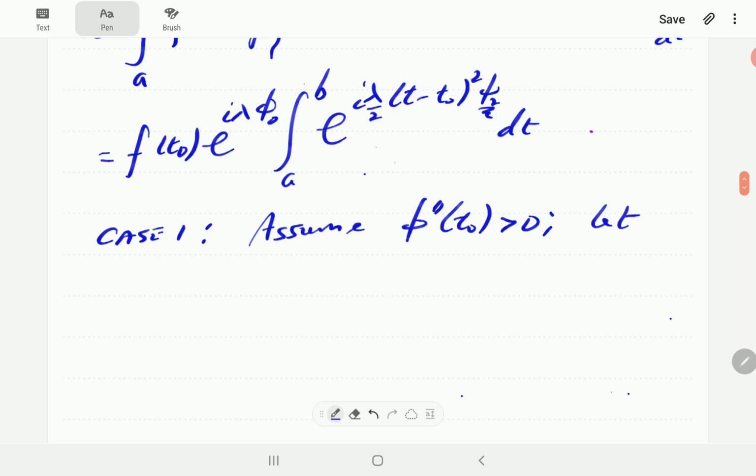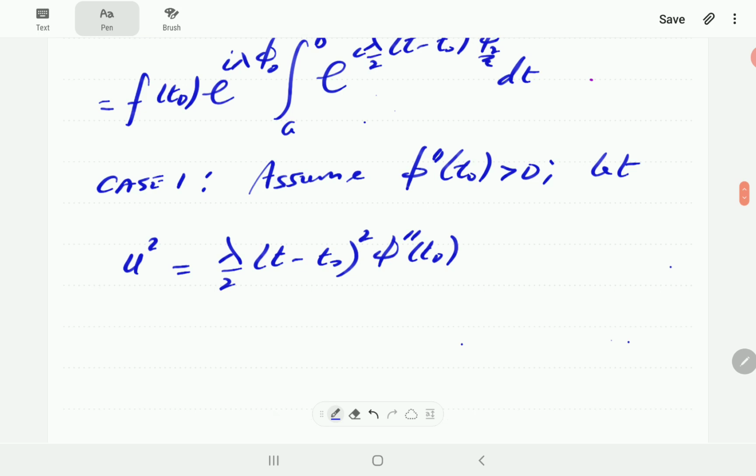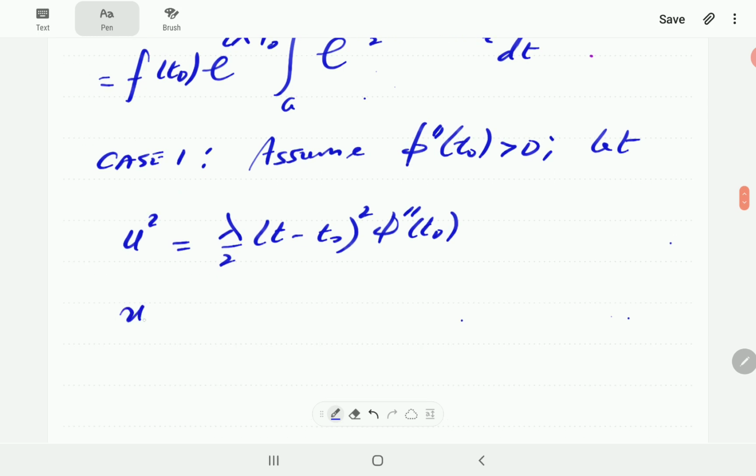So we are going to let u squared be equal to lambda over 2 (t minus t naught) squared phi double prime at t naught. What this means is that u is going to be t minus t naught times the square root of lambda phi 2 over 2.